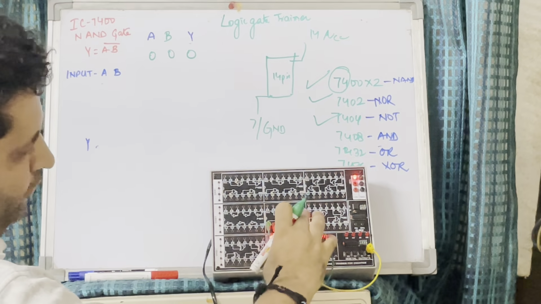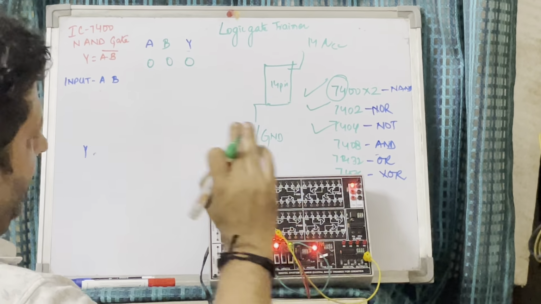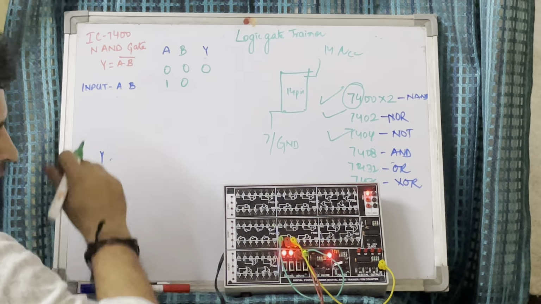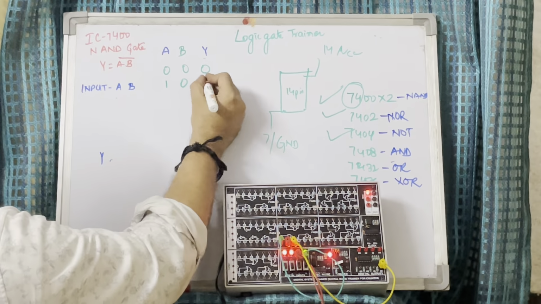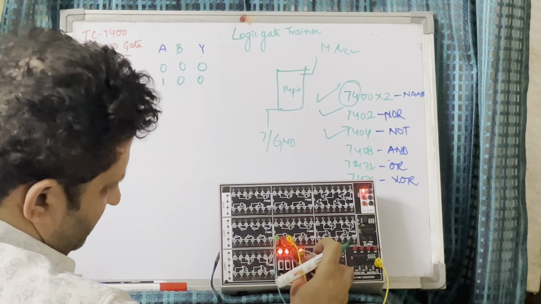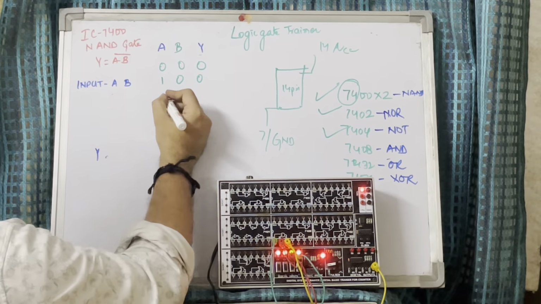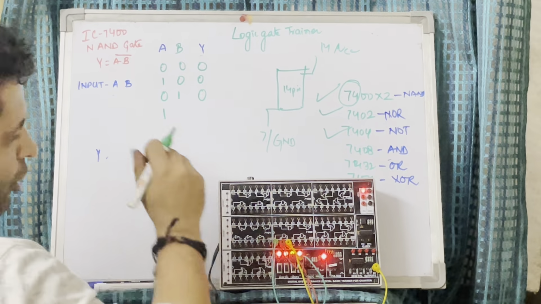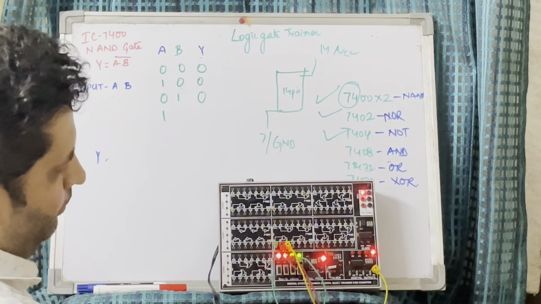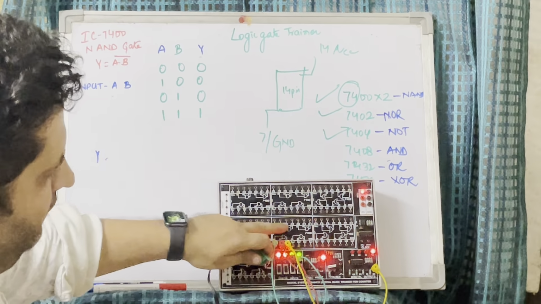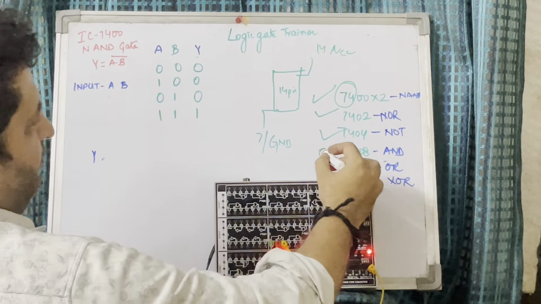Now we are making this high, that is 1, 0, and the output is 0. Now we are making this high, that is 0, 1, output is still 0. Now we are doing A and B both input high and the output is 1. So this is the working of IC number 7408.